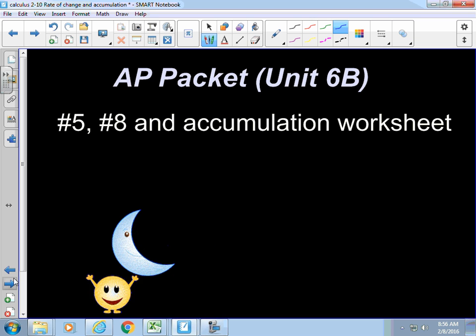Here's the accumulation worksheet. It has 3 AP problems on it. They are recent accumulation problems. Remember me telling you that my first year teaching, I kind of blew this off as, oh, it's just another application of the antiderivatives, but I decided we really needed to just work some accumulation problems to kind of figure out how they work.